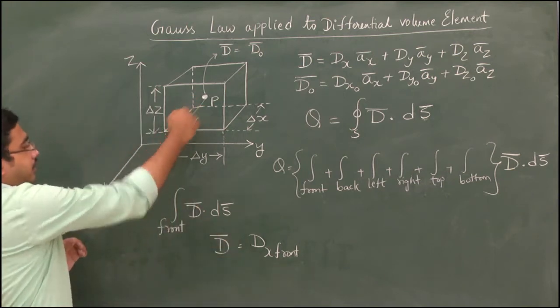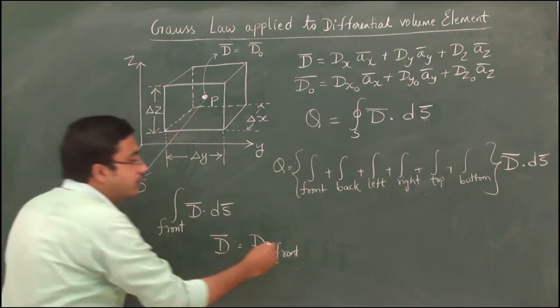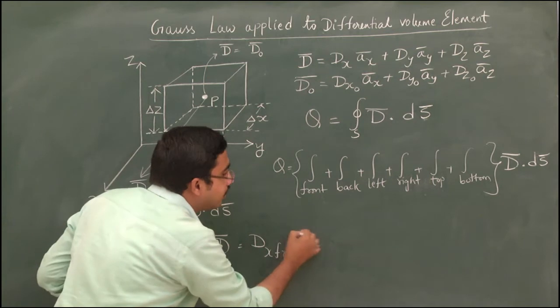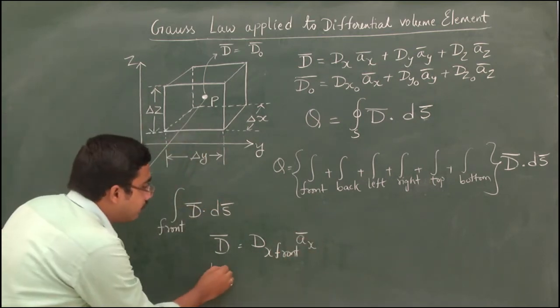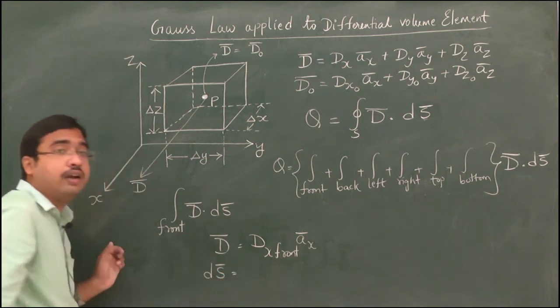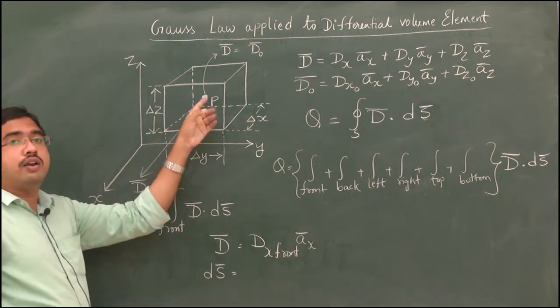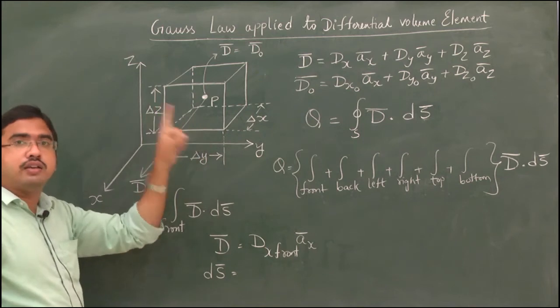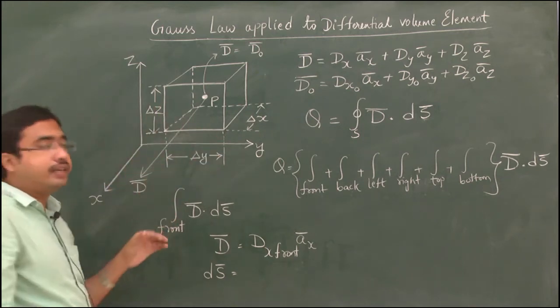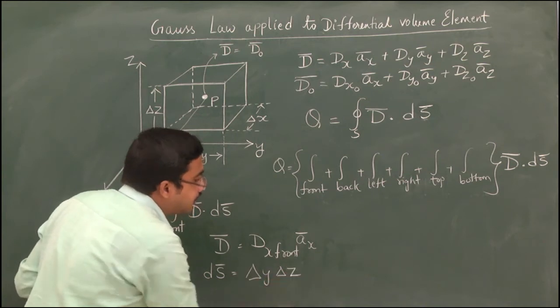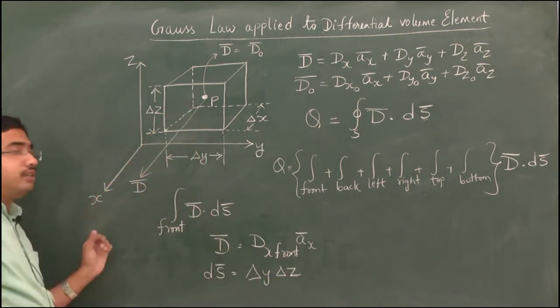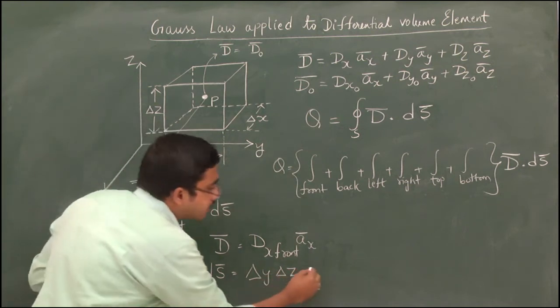So D bar is matching with the x direction, so the unit vector is ax bar. Now what is dS bar? Differential surface area when you are looking from the x side: leave that x side and write the remaining sides, delta y delta z, into what is the unit vector in this direction? Again ax.